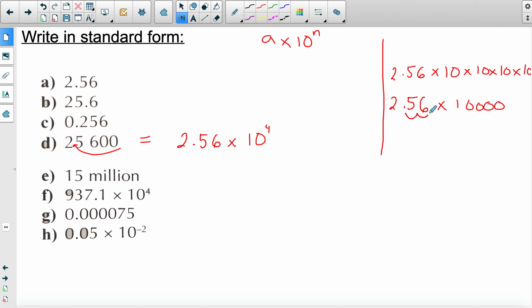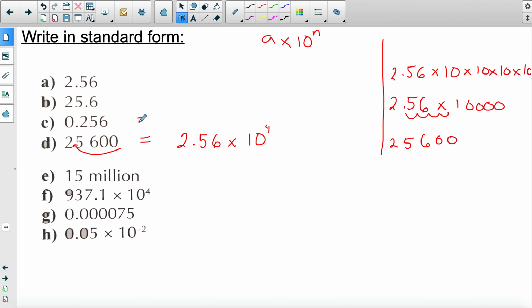So you move it 4 place values, and you end up with 25,600. You're back to your original number. If you ever forget if it's a positive or a negative power, do go through this process. That's why standard form is easy to check, because you can actually go through your answer.